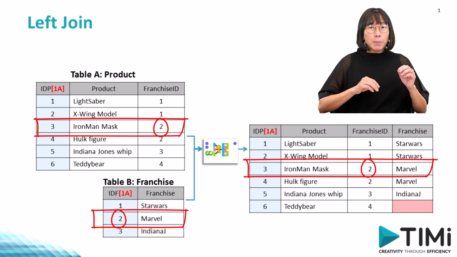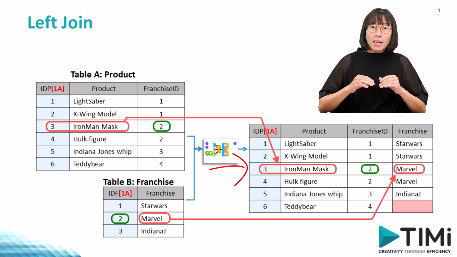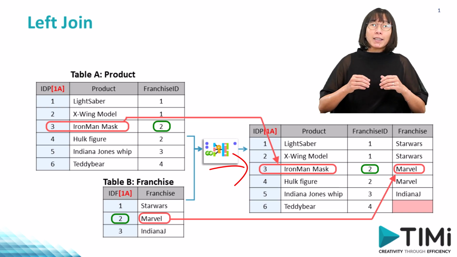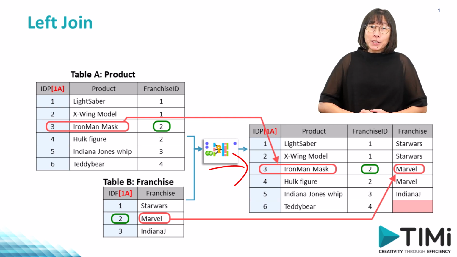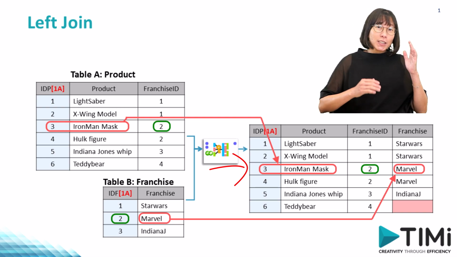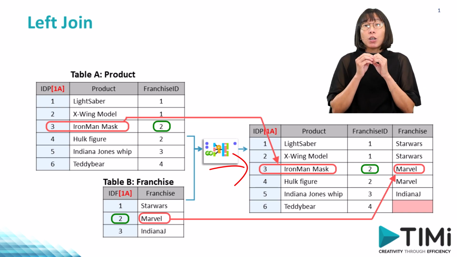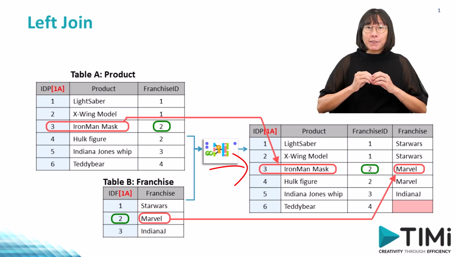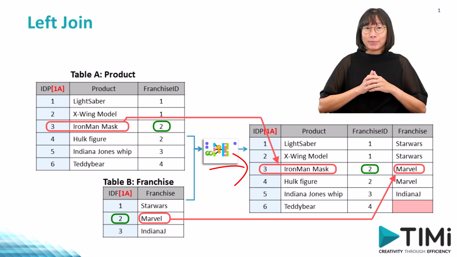This is the row about the Marvel franchise. So, this means that inside the output table from the join, we will get the value Marvel inside the franchise column. The principle is simple. We search inside the slave table for the row where the two keys, the foreign key and the primary key, are matching. And this gives us the content of all the extra columns inside the result table from the join.